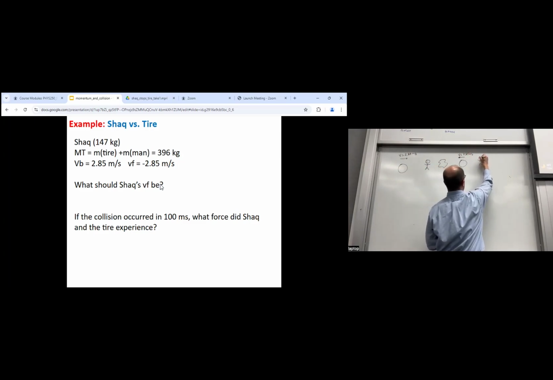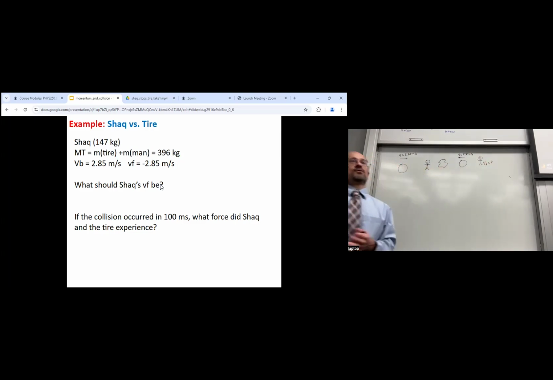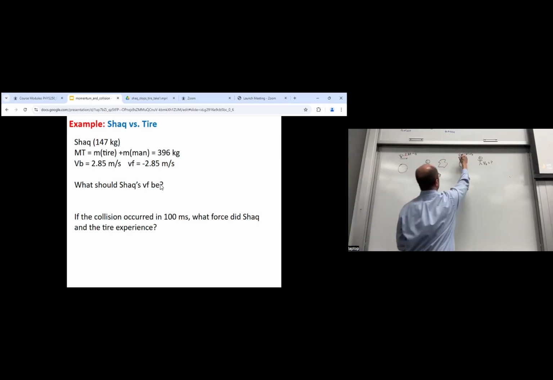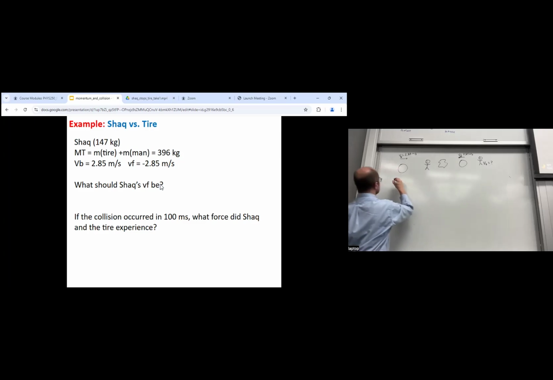And here is Shaq. So we're just going to call this velocity Shaq. And we can call this velocity before, velocity after for the tire. We know the mass of the tire with the person in it is 396. And the mass of Shaq is 147.